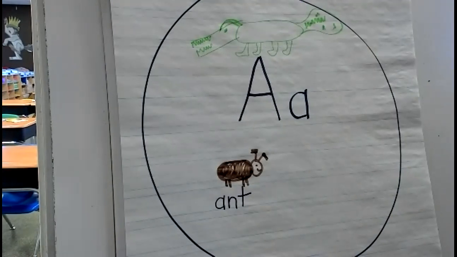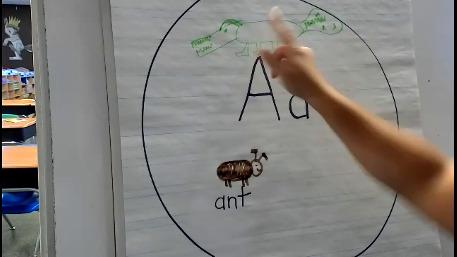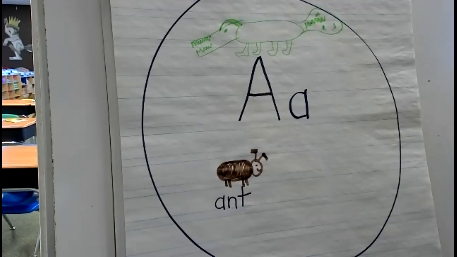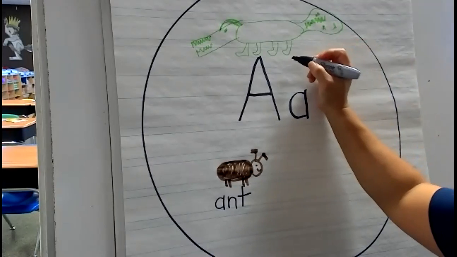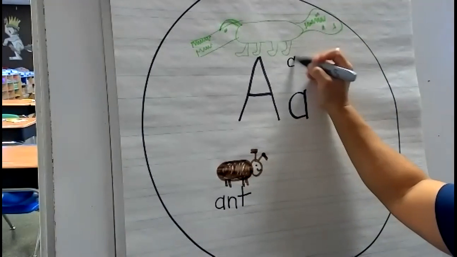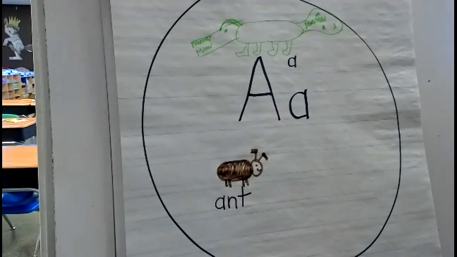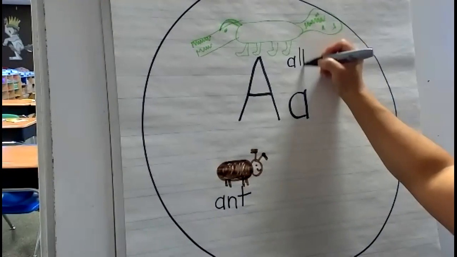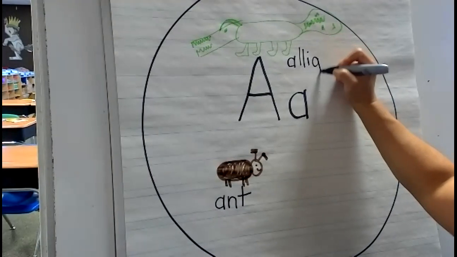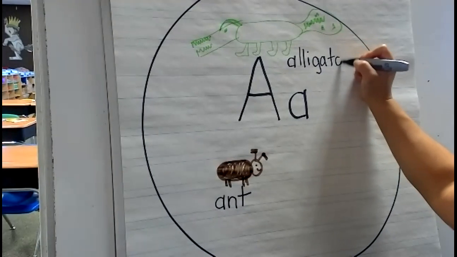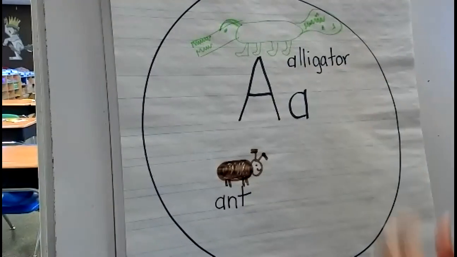I know it's not the best design, but it begins with that ah. It's an alligator. Yes, thank you. Alligator. So I'm going to spell alligator. It's a big one. Alligator.